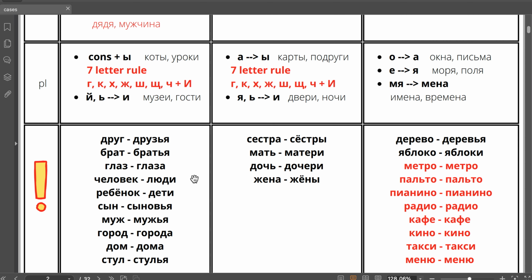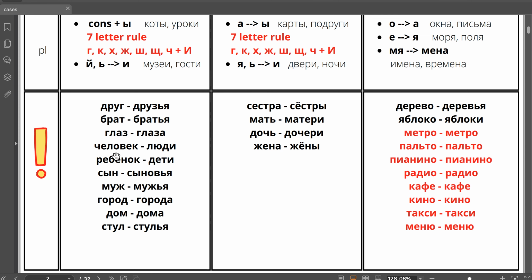Next one is brother and brothers. Брат, братья. Only like that. Next one is eye and eyes. Глаз, глаза. Now we have person and people. Just like in English, it's two completely different words. Человек, люди.